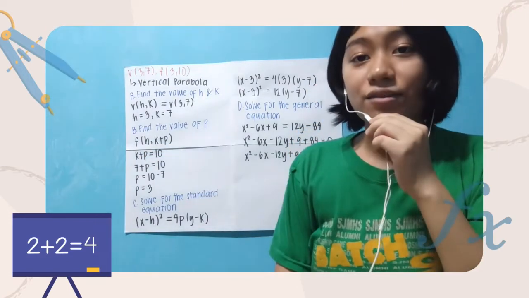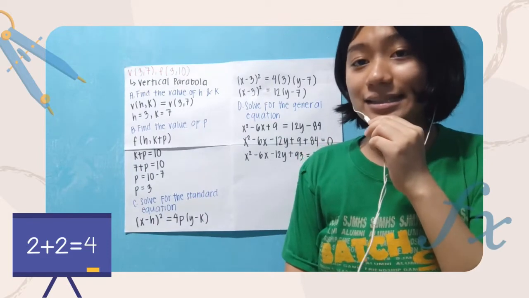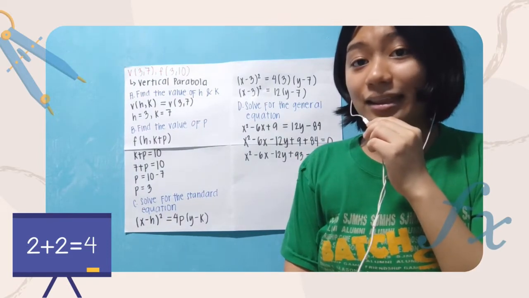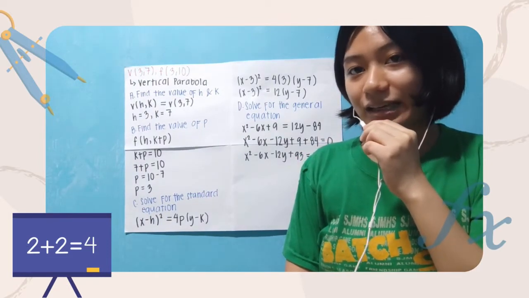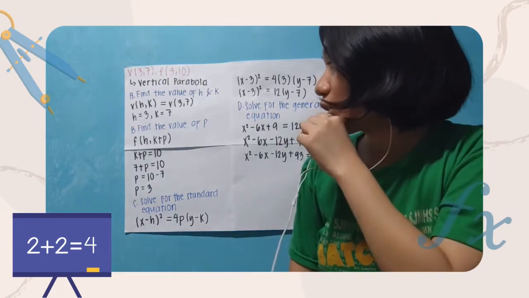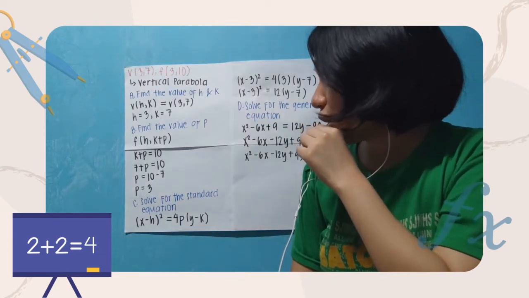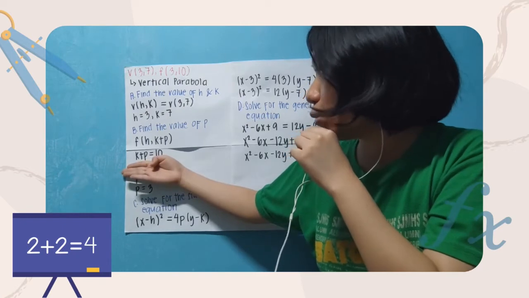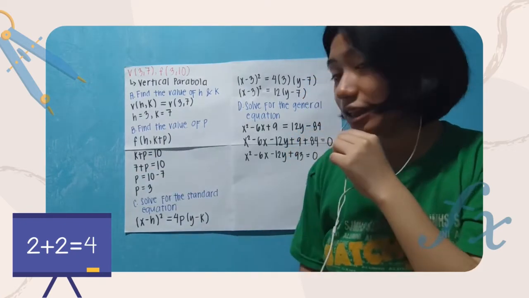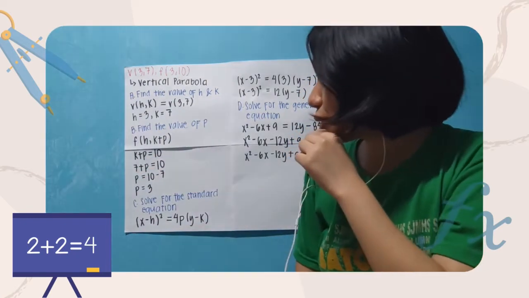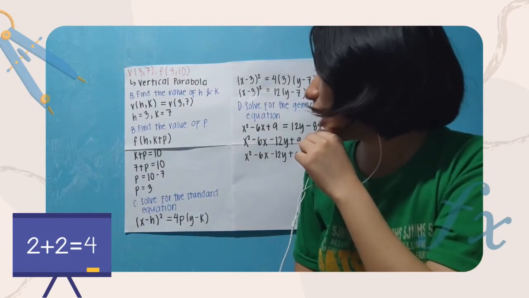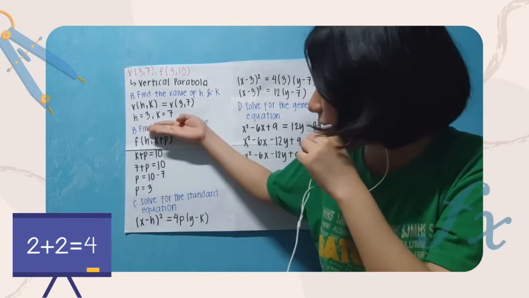Since the value of k plus p is 10, that gives us the equation k plus p equals 10. Then just substitute the value of k to the equation, which is 7.